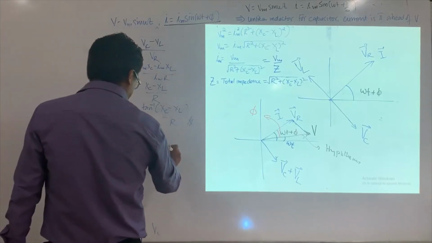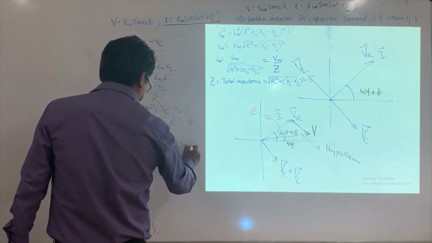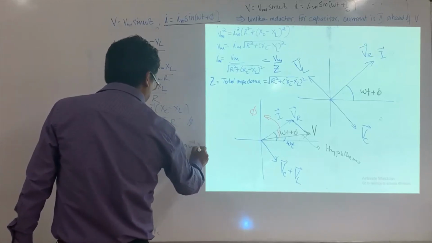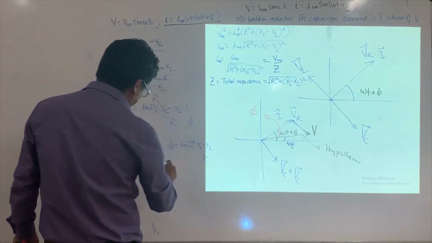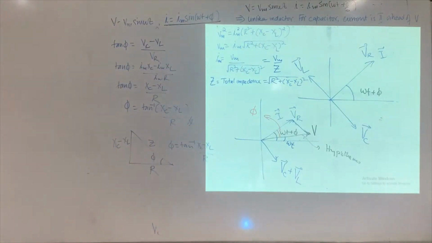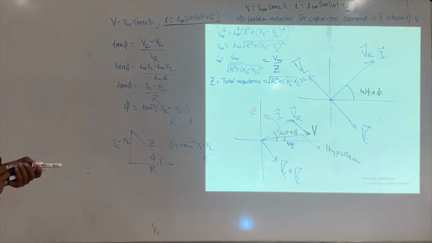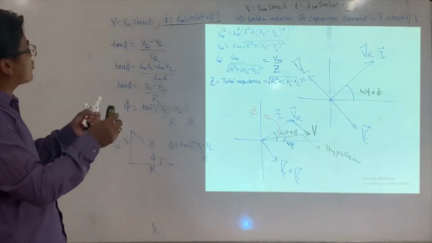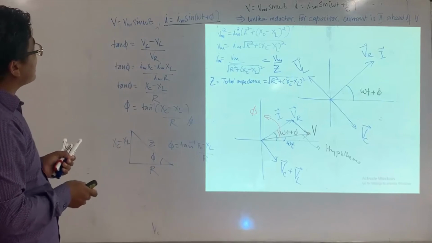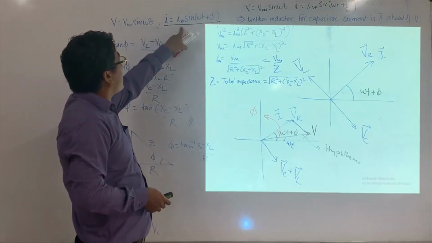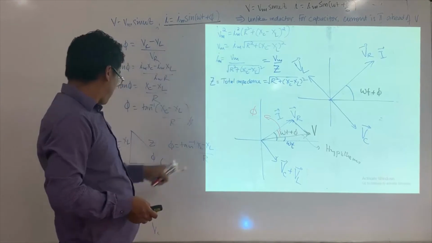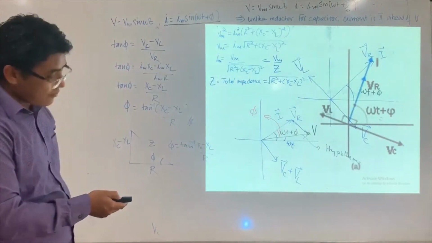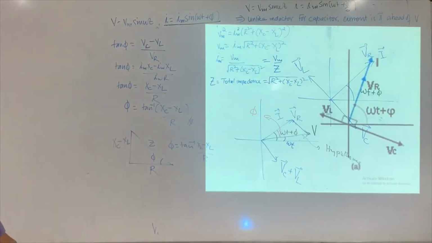So therefore I can say phi can be written as tan inverse of XC minus XL divided by R. This diagram is called the impedance diagram. So now we could get all the information: Im, omega, and phi. This is how we got it.